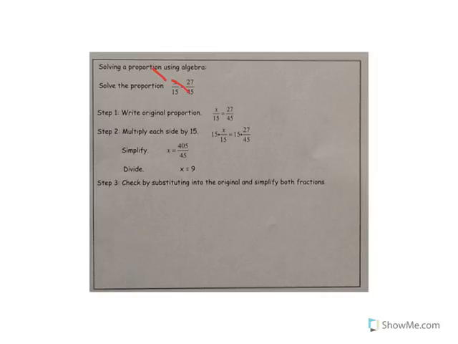So you multiply the 15 times the 27. 15 times 27 is going to be 405. And then you divide by the remaining number, which gives 45. And that's going to give you x's value.